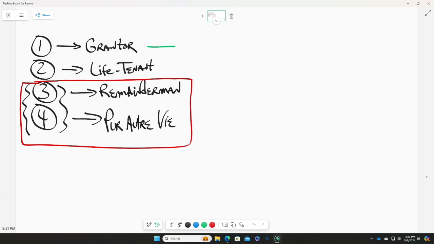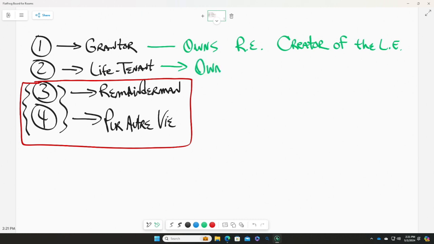The grantor owns the real estate and is the creator of the life estate. And I'm going to abbreviate that. The life tenant owns the life estate.